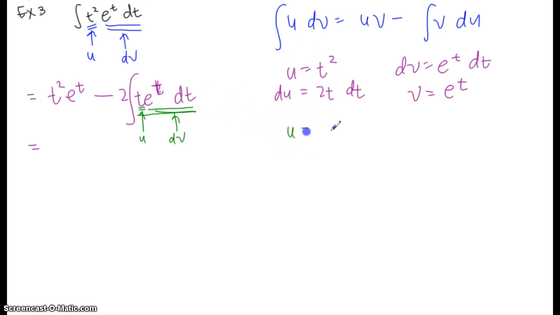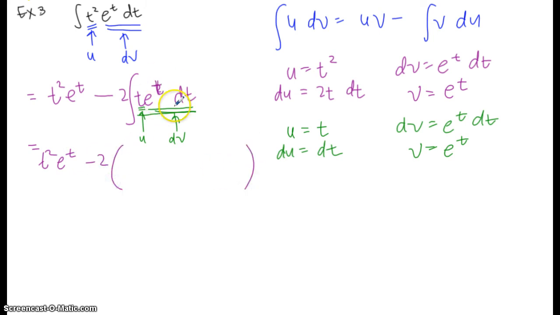So u will equal t here, and dv will equal, again, e to the t dt. du will equal, now it did simplify, just 1 dt. The antiderivative of dv is e to the t. I'm going to leave my t squared e to the t minus 2, and then I'm going to take the integral inside here, which will be uv minus the integral of v du, e to the t dt.